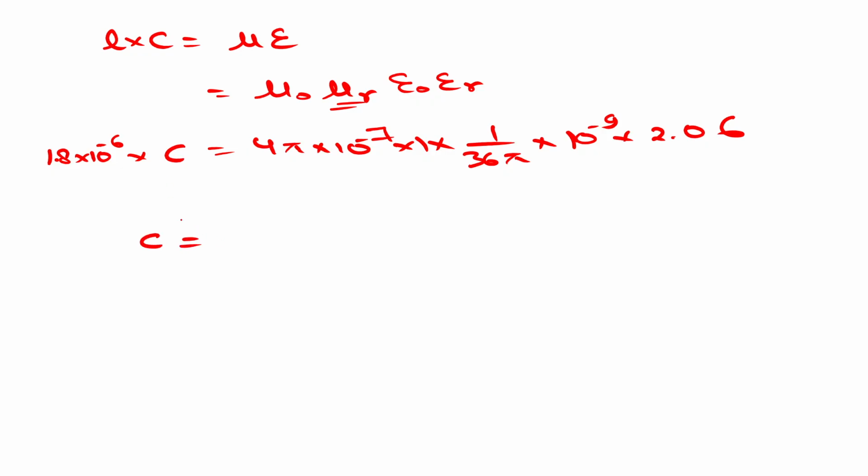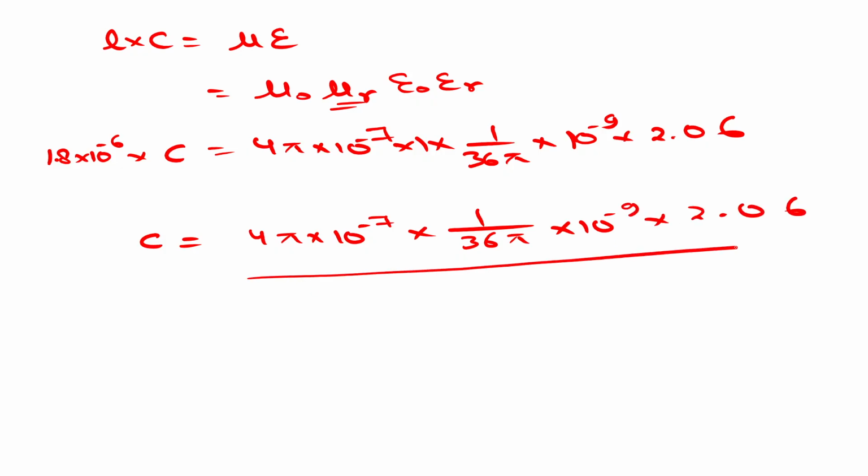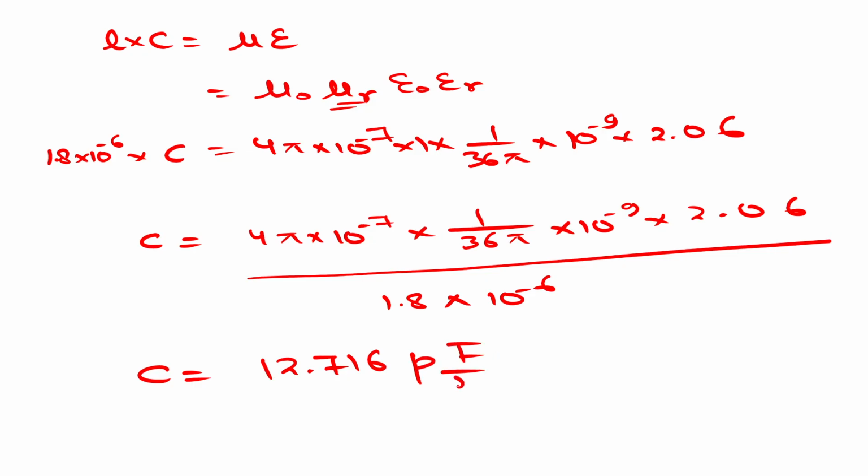So the capacitance per unit length is given by 4 pi into 10 to the power minus 7 multiplied with 1 by 36 pi into 10 to the power minus 9 into 2.06 divided by 1.8 into 10 to the power minus 6, and when you solve this, capacitance per unit length comes out to be 12.716 pico farad per meter.